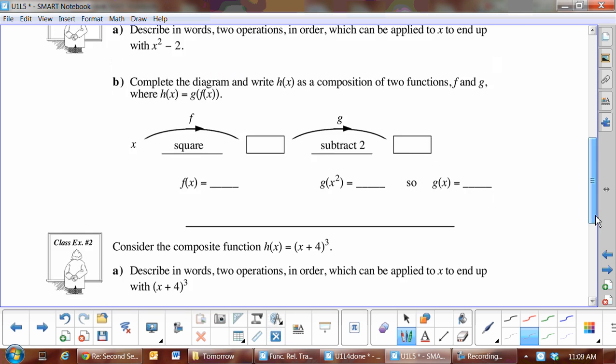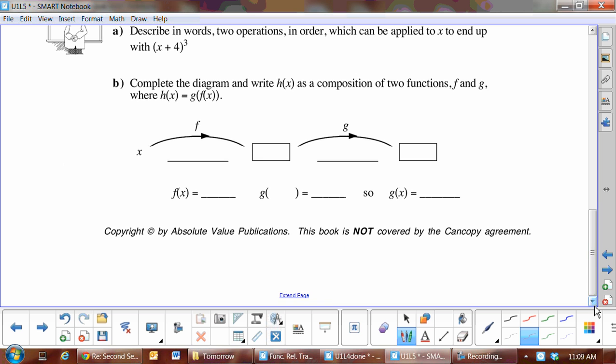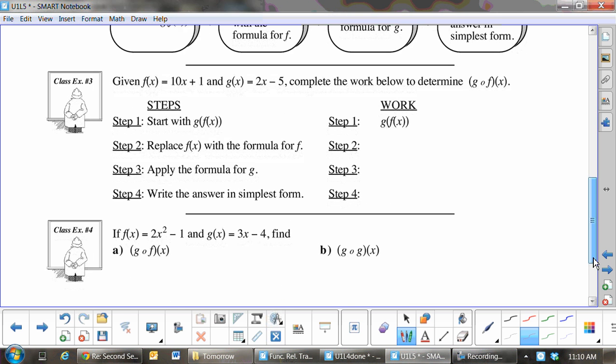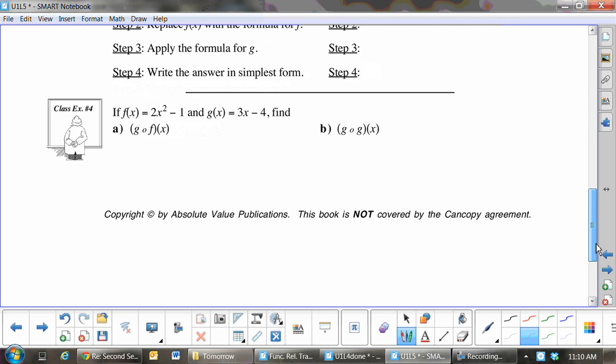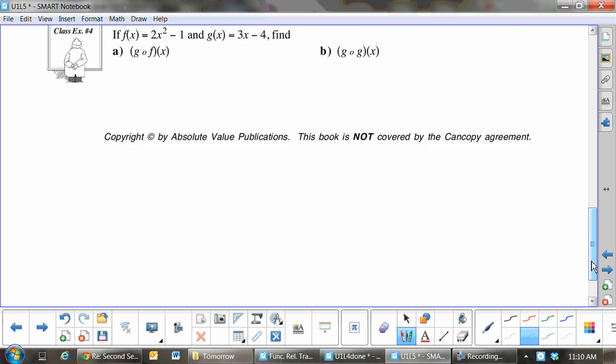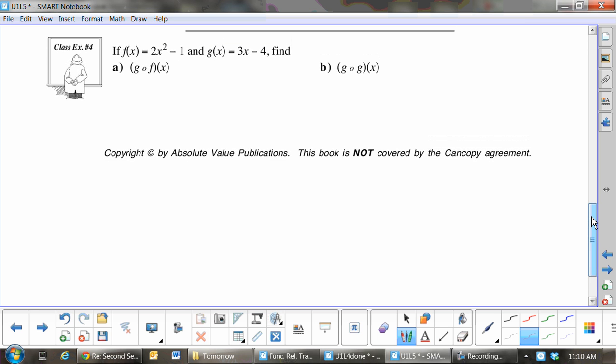So we're just going to go down to the whole next page at the bottom, and we're going to start with example 4. Okay, so we have two different functions here.